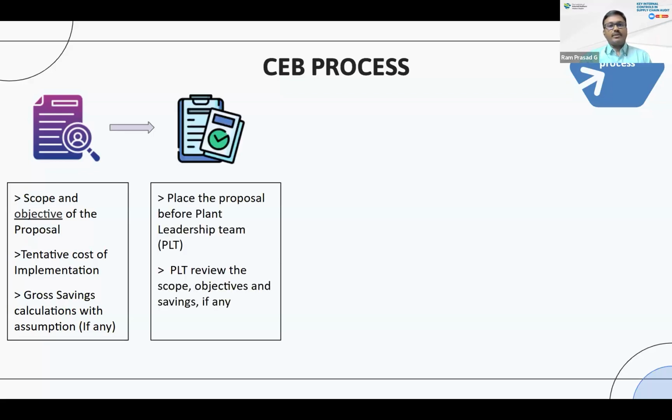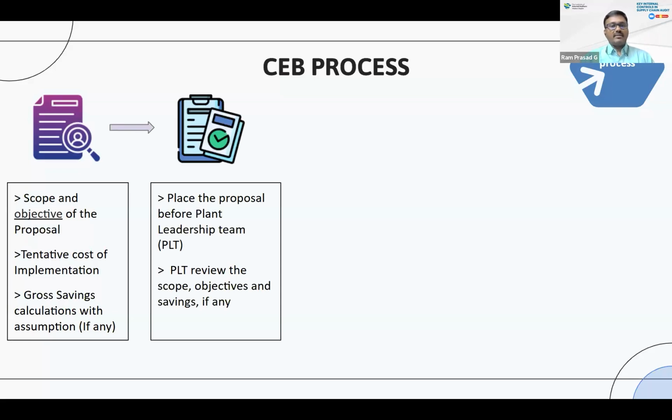Gross savings calculation, if any, I had already mentioned. So wherever it is savings, wherever it is risk mitigation, wherever it is incremental profit, this will be the first step of preparation of a capex budget in any organization. Then the team puts it to the local leadership, the plant leadership team.